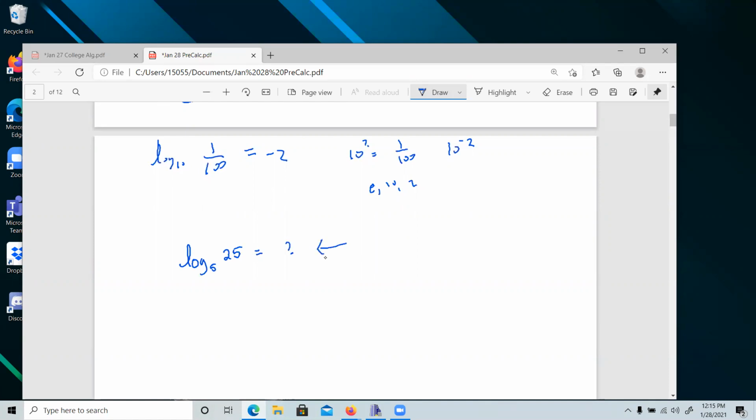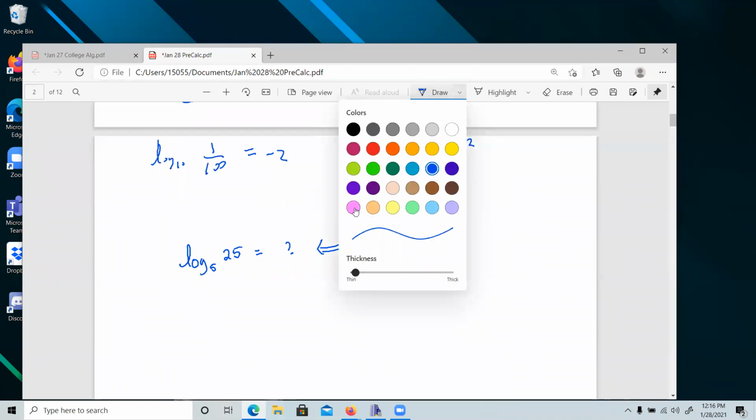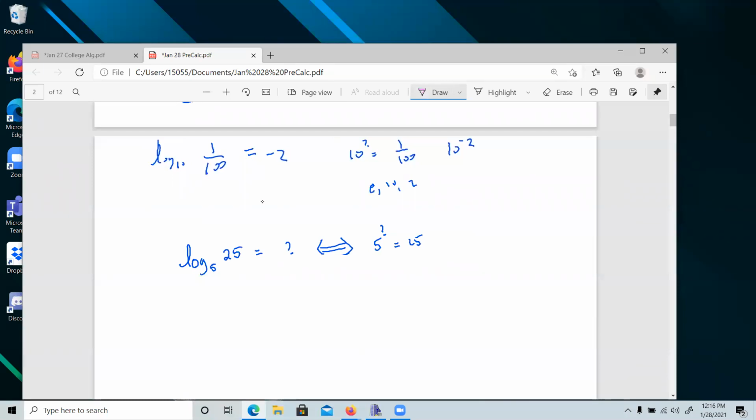And this is the equivalent form of 5 raised to what equals 25. I want to pick easy numbers, because I want you to say, well, that wasn't too bad. Clearly that's 2, and we're going to replace the question mark with the 2.